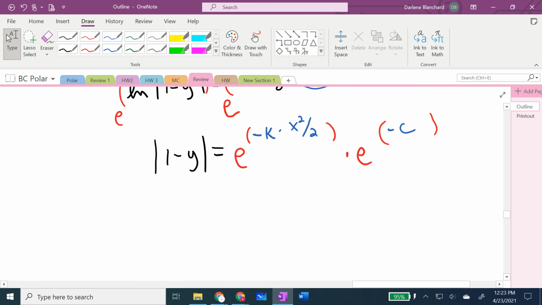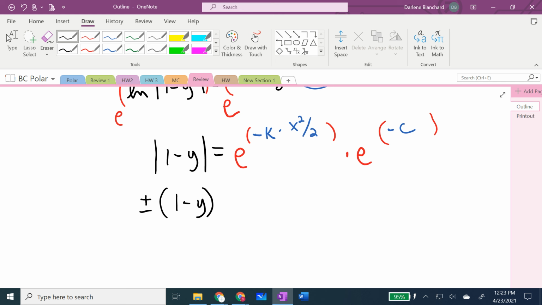After you do that, the absolute value can come off, but when it comes off, it's a plus or minus. If you have a particular solution, if you have a particular point, you are going to get an actual solution where you know your unknown constant. The plus or the minus, one of them works, the other one doesn't for that particular solution, because you have to have continuity through the one known solution point.